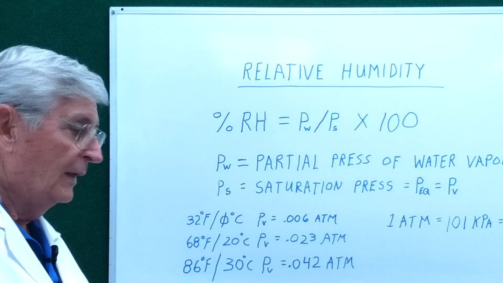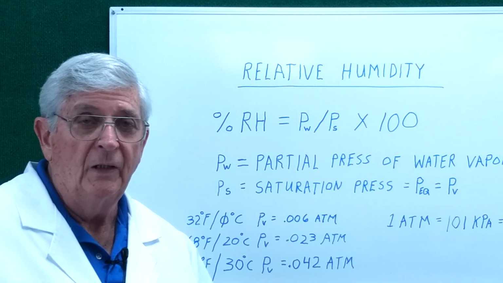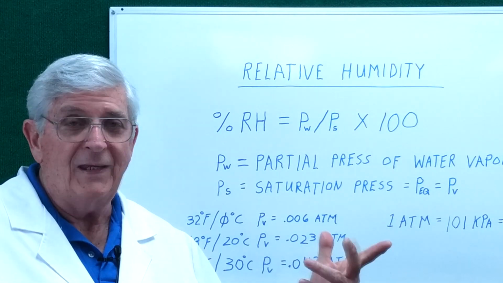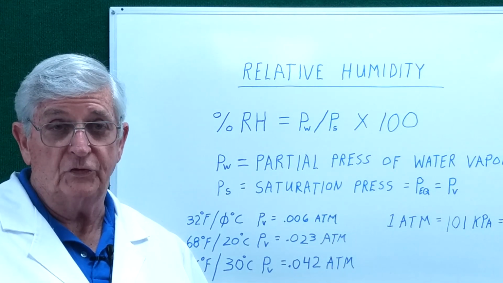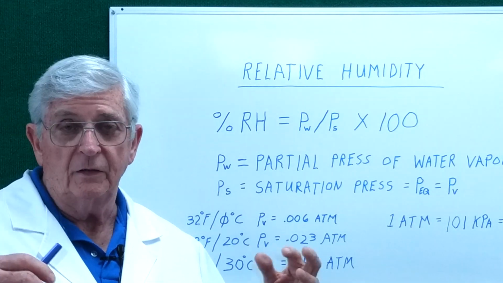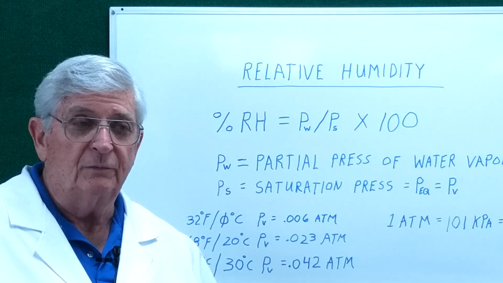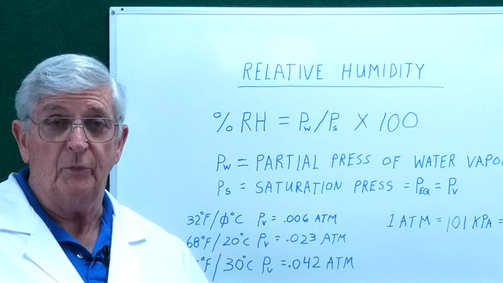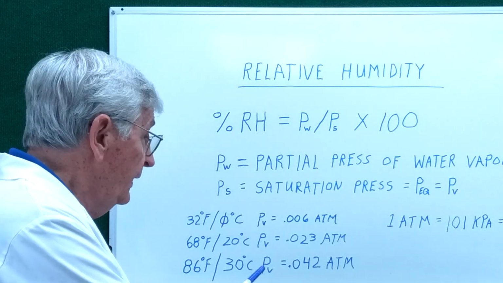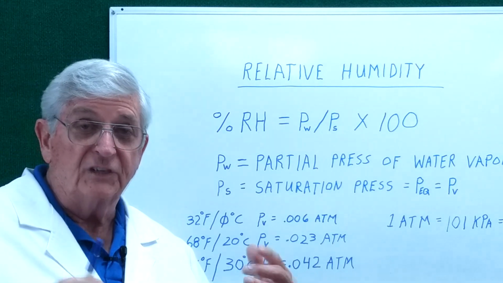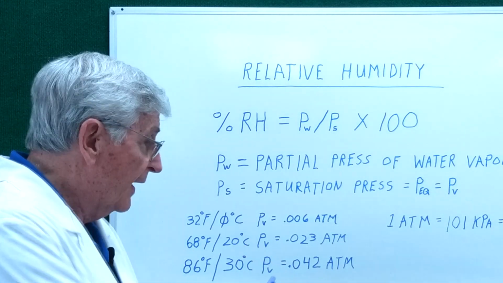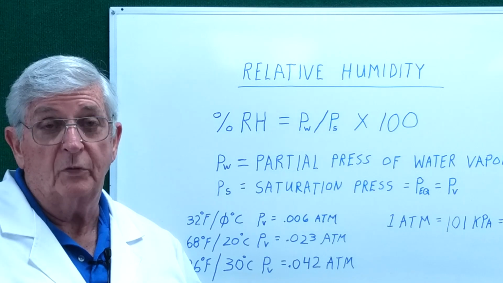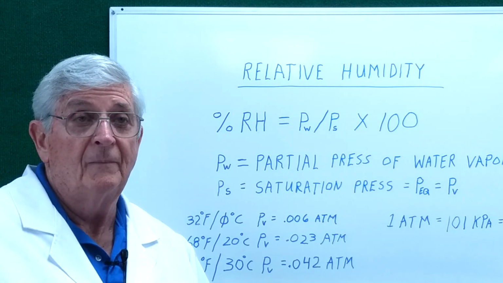But it's not really proper to say the air can't hold that much moisture. The air's not a sponge. It's really not absorbing or holding the water vapor. It's just providing the pressure and temperature to satisfy all these partial pressure conditions.